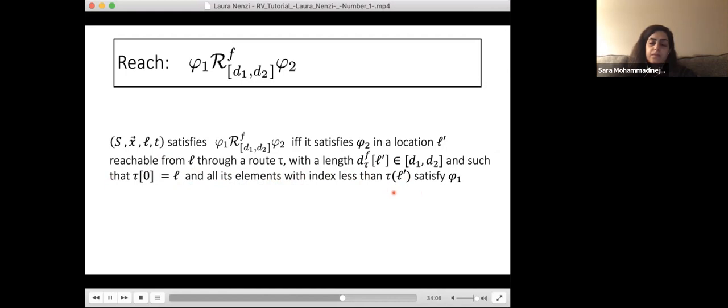So we have a route that goes from L to L prime, and all indices before L prime satisfy phi1, and the route at the index where there is L prime satisfies phi2.